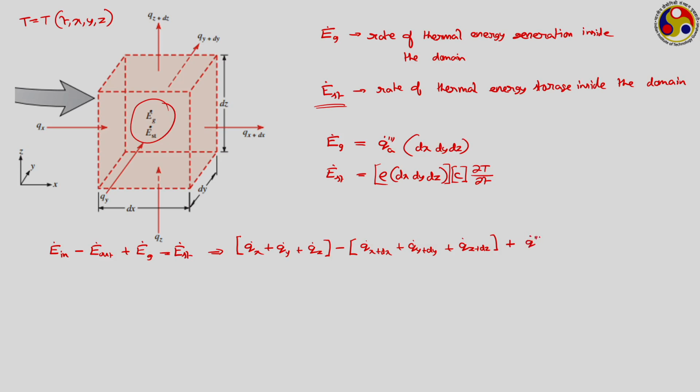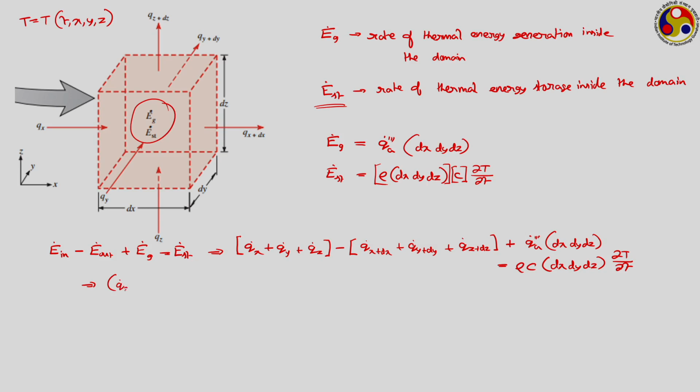So, as per our notation, that becomes q g triple prime, that is volumetric rate of energy generation into the volume dx dy dz, that should be equal to the rate of energy storage, which we have written earlier, rho, let us take this C together, into the volume into the time rate of change of temperature.